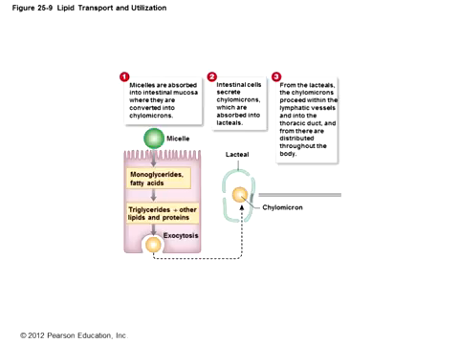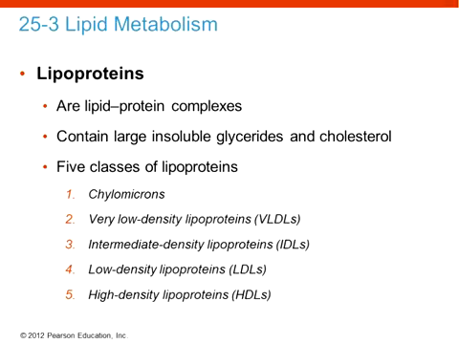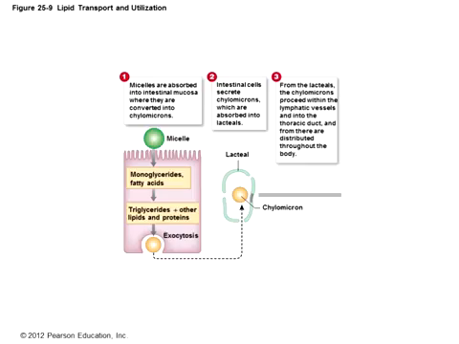For lipid transport and utilization, a micelle is basically where we have this lipid that's been broken apart by the bile, so that's why it's kind of green colored. It's been emulsified by the bile from the liver. The micelles are absorbed in the intestinal mucosa where they're converted to chylomicrons, which was one of those 5 different types of lipoproteins that we talked about.